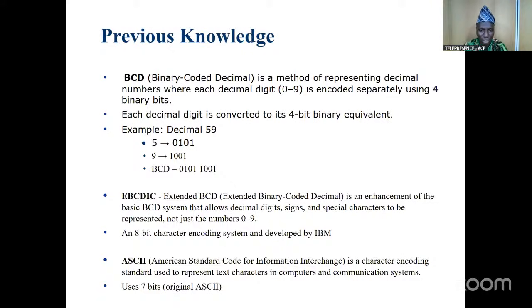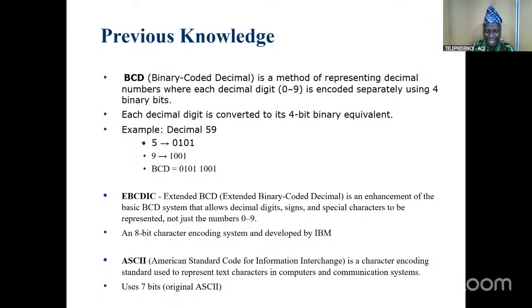That is the previous knowledge from last week in conversion using the binary coded decimal converting system. So we have the second converting code that we were introduced to in previous lecture, which is EBCDIC.